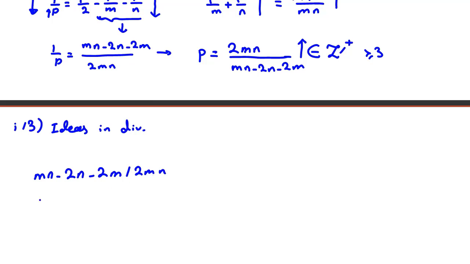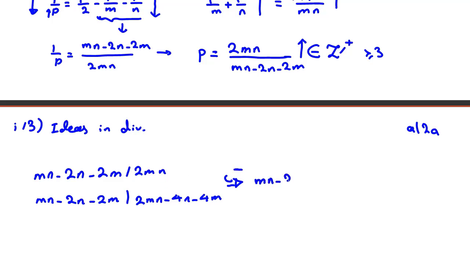And I want to get rid of 2mn, so I say mn minus 2n minus 2m divides 2 times itself. Look, a divides 2a. 2a is obviously a multiple of a. So it's 2mn minus 4n minus 4m. So if we subtract this minus this, mn minus 2n minus 2m divides 4n plus 4m.